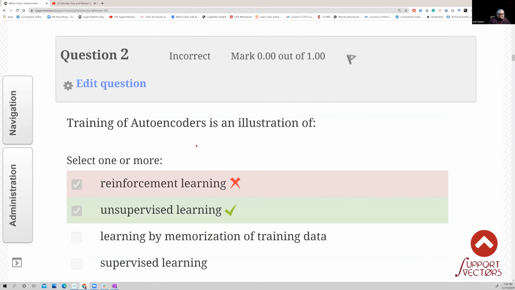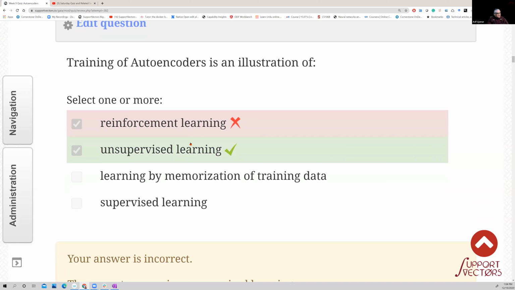So training of the autoencoders is an illustration of reinforcement learning, unsupervised learning, learning by memorization, and supervised learning. Now, notice that I didn't give you a choice, self-supervised learning. If I had given you the choice, self-supervised learning, then that would have been your best choice.